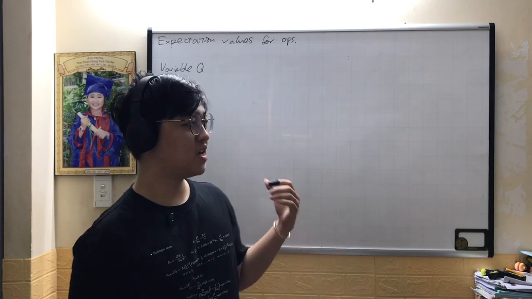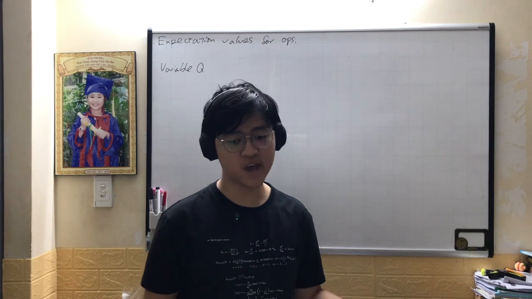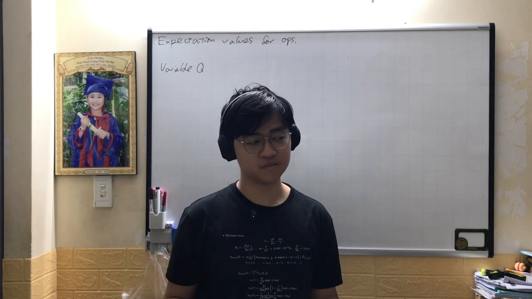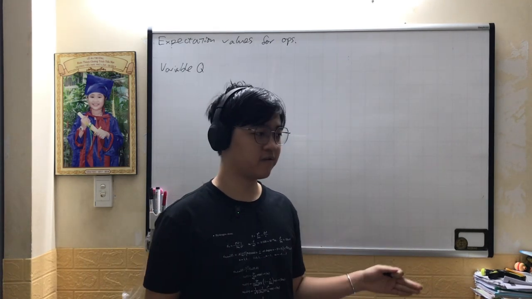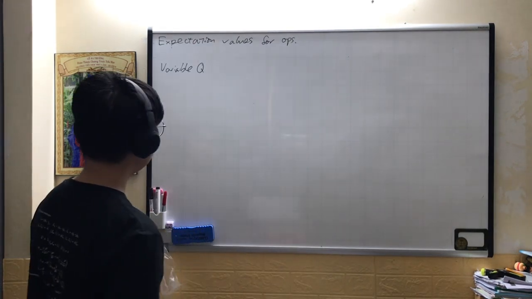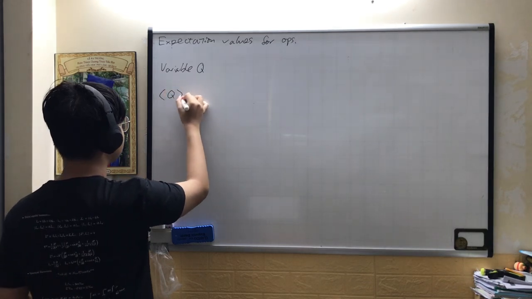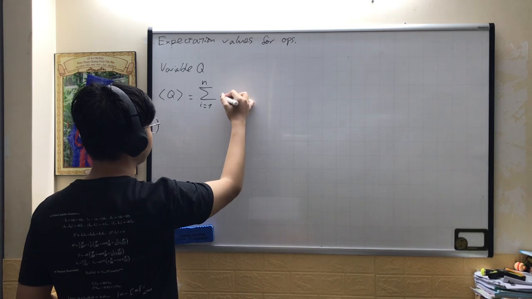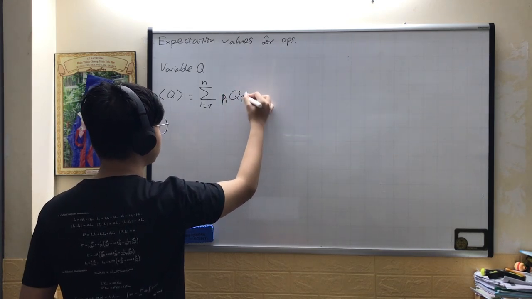You can take the value of it to be q1 to qn, and the probability would be the coefficient, so it will range from p1 to pn as well. The expectation value now is the sum from 1 to n of the probability and the value.